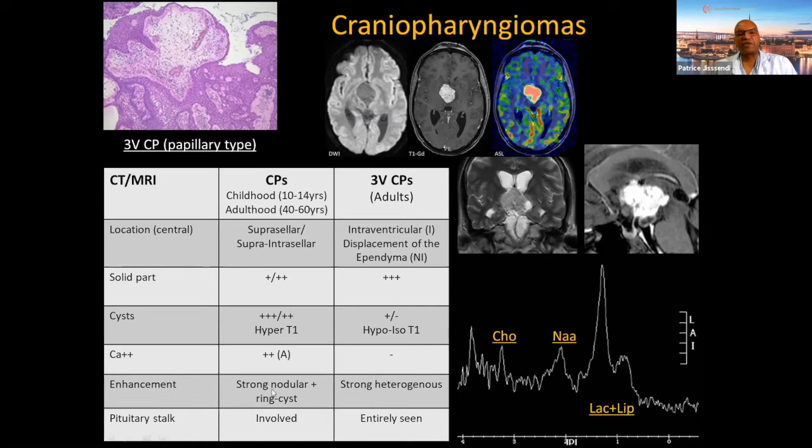The enhancement is strong in both cases, with nodular and ring cysts like in CPs in general, but in the third ventricular craniopharyngioma, the enhancement is strong but also very heterogeneous. And this is one of the key features when you're looking at the case. The pituitary stalk is also one of the clues to be considered because it's always involved in general in CPs, but not in third ventricular CP.